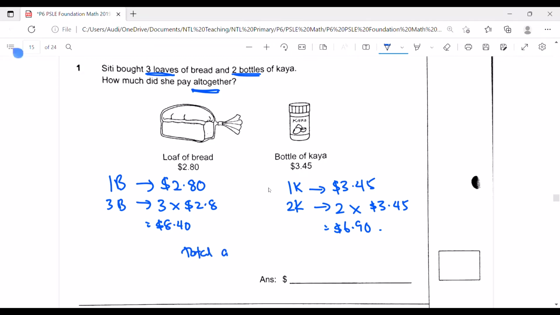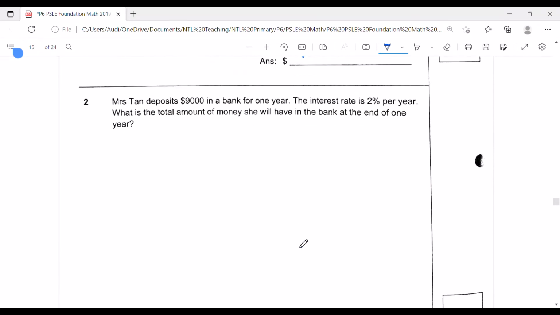Total amount paid will be the bread, which is 840, plus the kaya, which is 690. And so we get, use our calculator, 1530. Press pause, try the question, and then once you're done, press play and continue with the video.